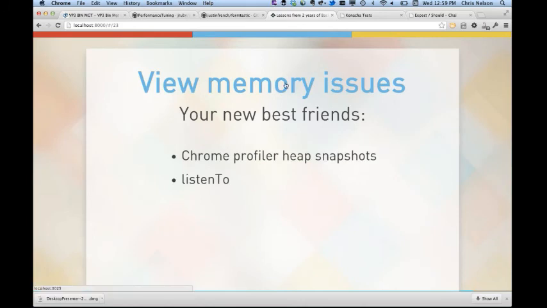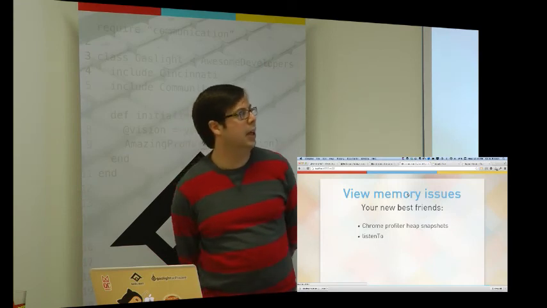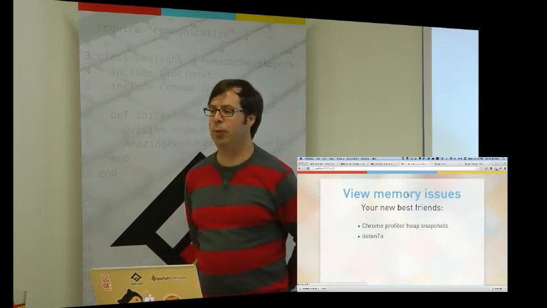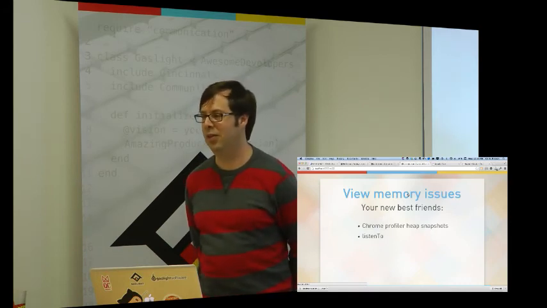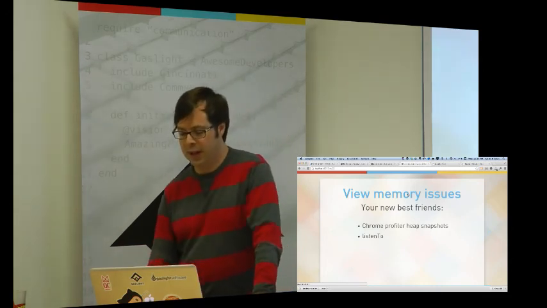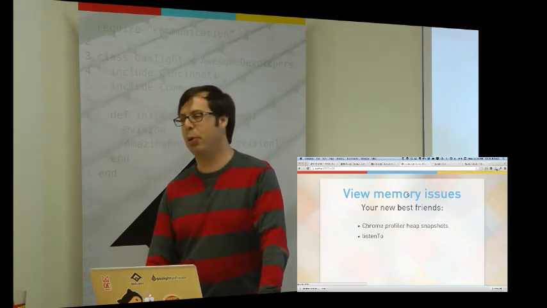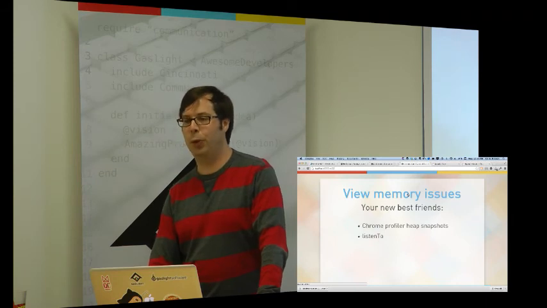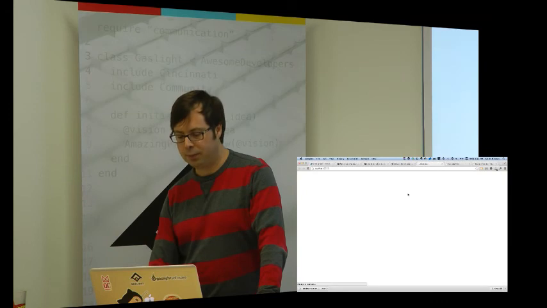If you haven't seen the Chrome developer tools already, go look at them today. If you're doing any kind of client-side development at all, they're super, super helpful. And specifically, the thing that we're going to look at is there's actually a memory profiler in the Chrome developer tools that's really helpful when you're troubleshooting memory issues.